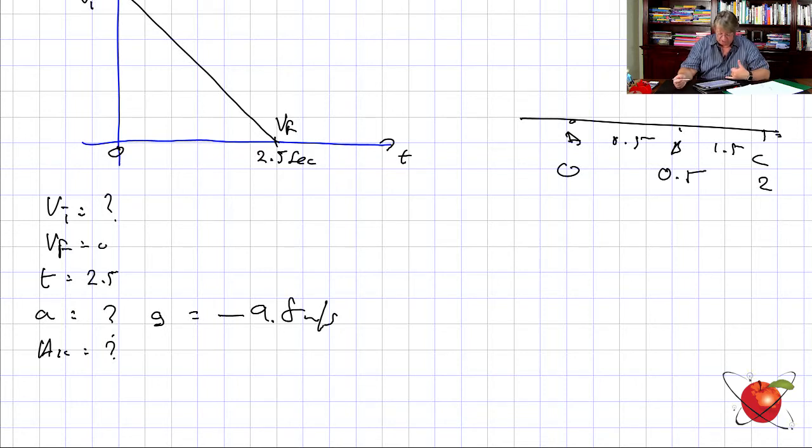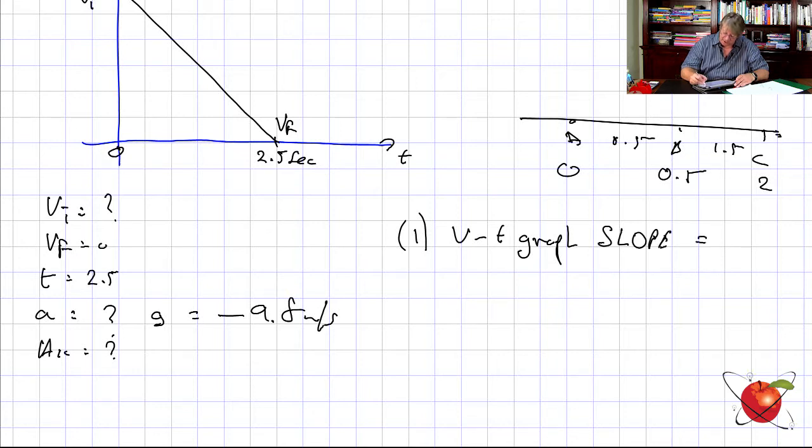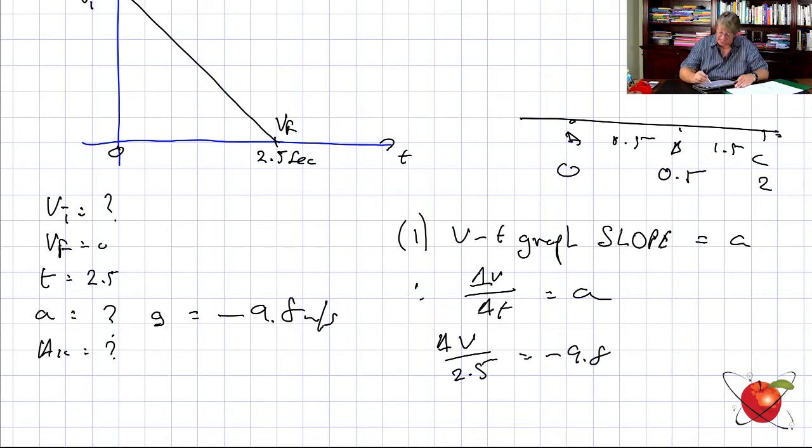You've got 3 unknowns, right? However, now we know that. Therefore, we say to ourselves, hang on. Remember, number 1, on a VT graph, the slope equals acceleration. Therefore, delta V over delta T is equal to A. And we know delta V over delta T, with T of 2.5, is equal to minus 9.8.